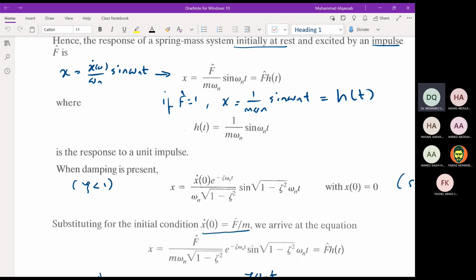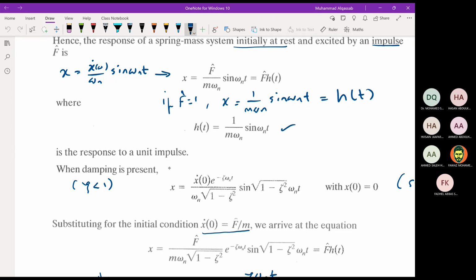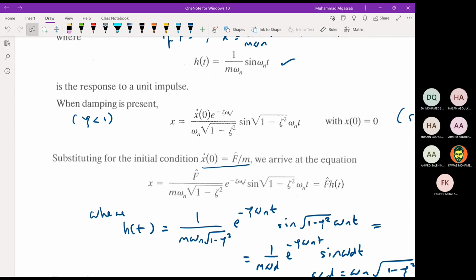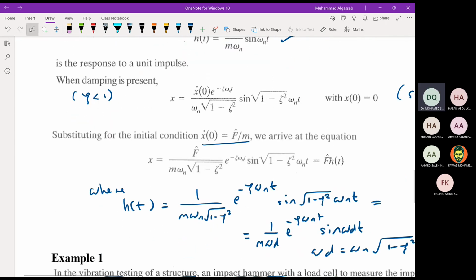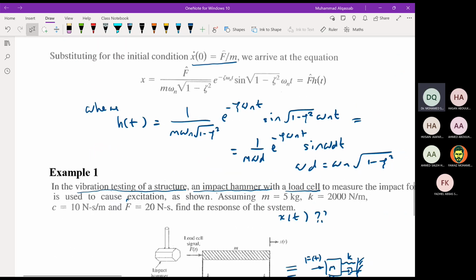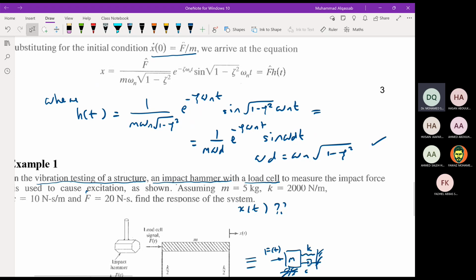So here we have for zeta equal to 0, that is h of t, and we have h of t for zeta less than 1 is this equation. Okay, and then you can generate for zeta greater than 1 and zeta equal to 1.